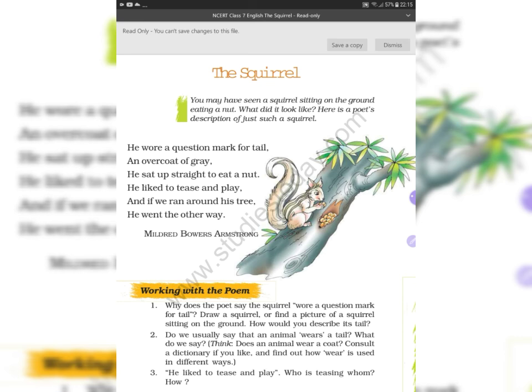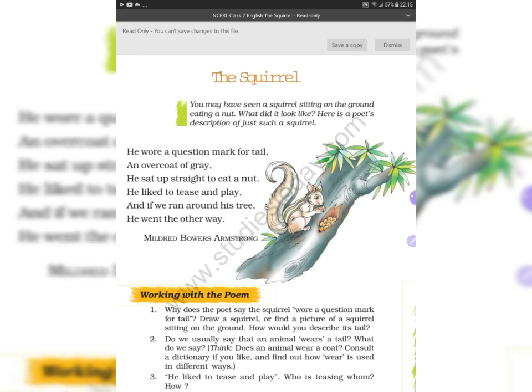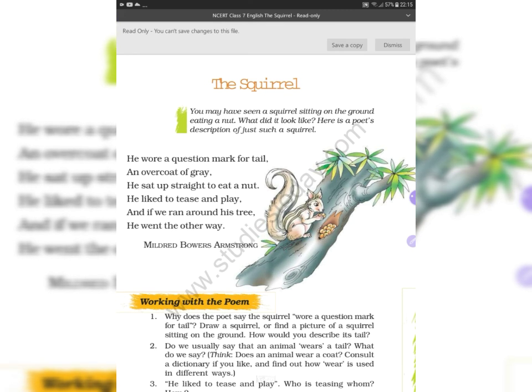And if you move towards the squirrel, it runs away in the other direction. This poem is totally based on the experience of the poet Mildred Bowers Armstrong, because he was sitting one day in a garden and observed all these beautiful things which he has written in this poem. So the poem ends here.